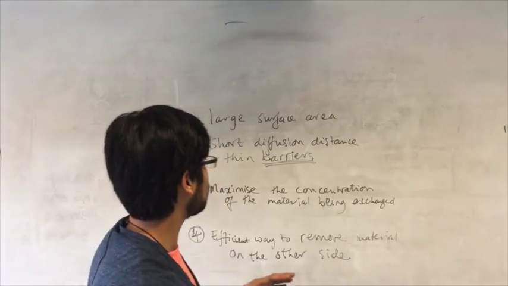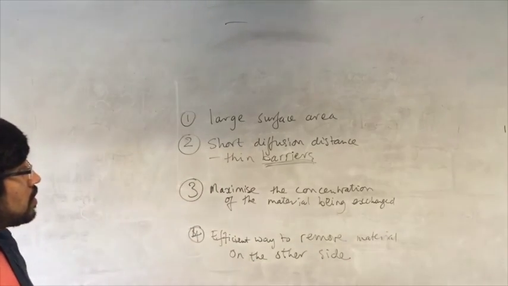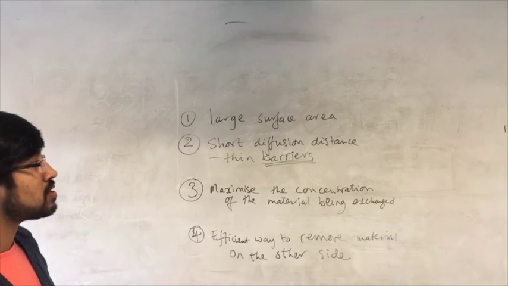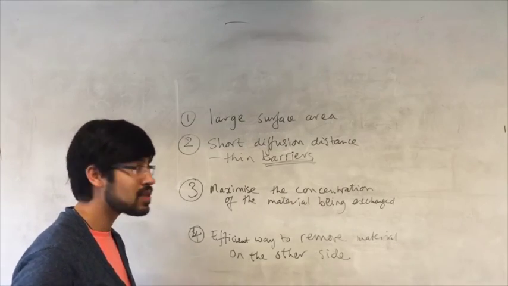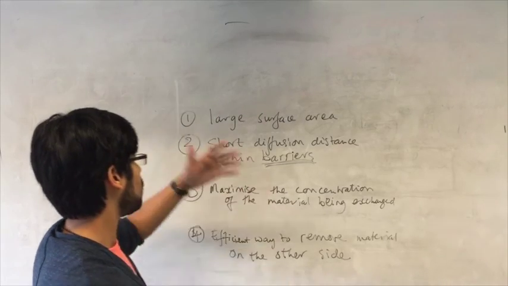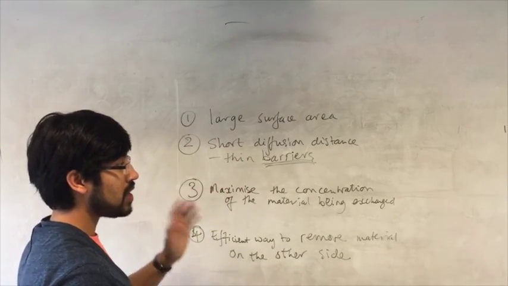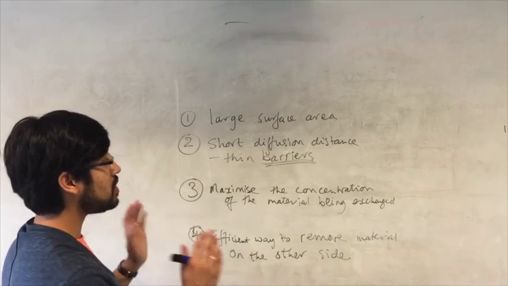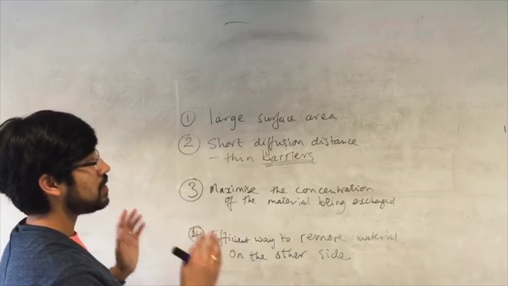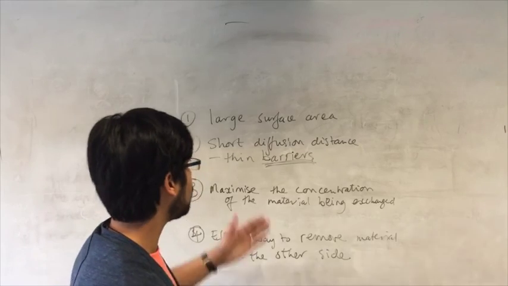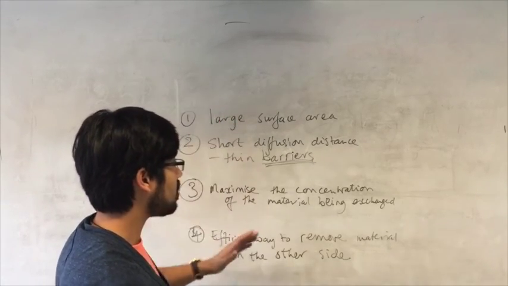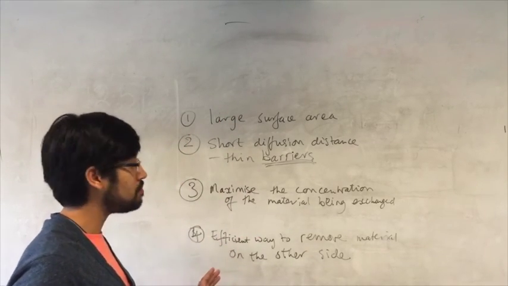Right, guys? So these four things are characteristic of all specialized exchange surfaces, and you pretty much apply this to many different examples, right? But these are the general principles. And next, when we talk about the lungs, I want you to be bearing this in mind, okay?